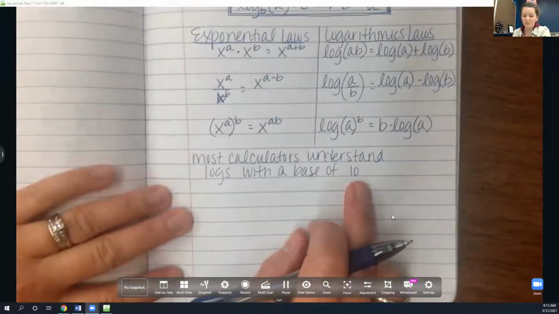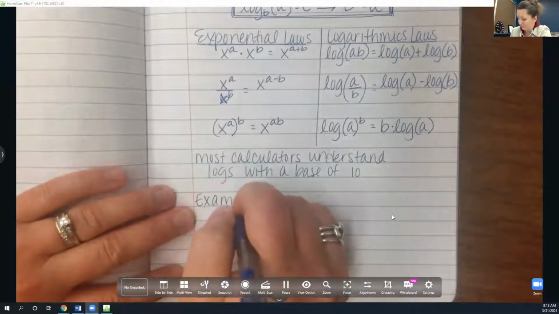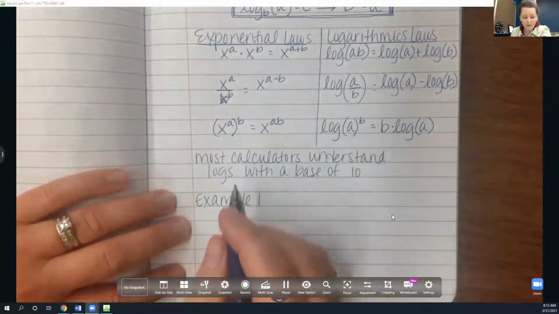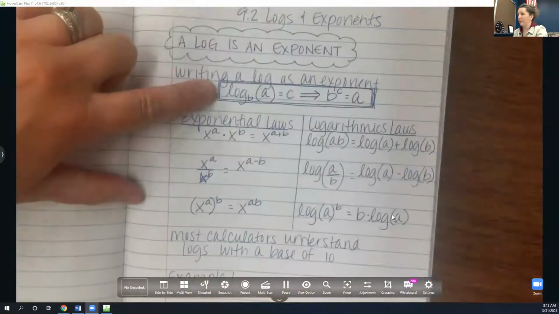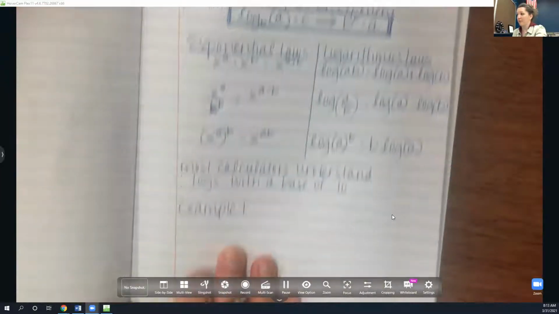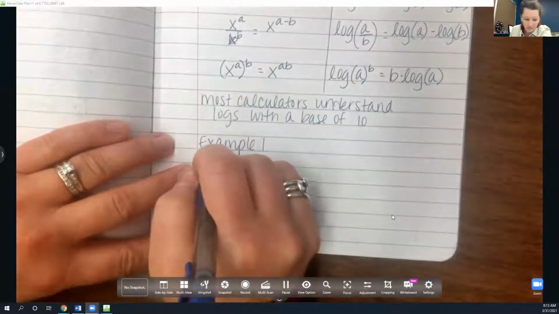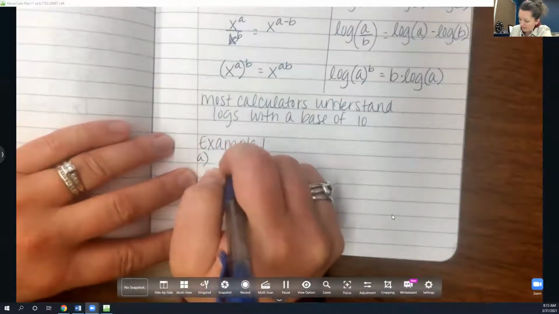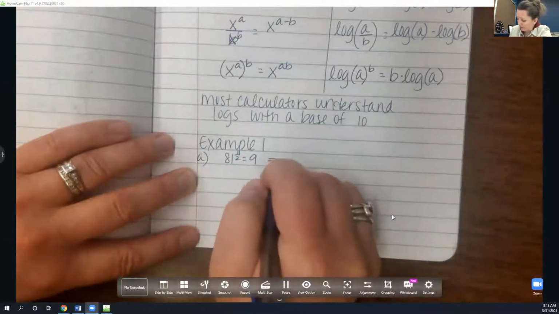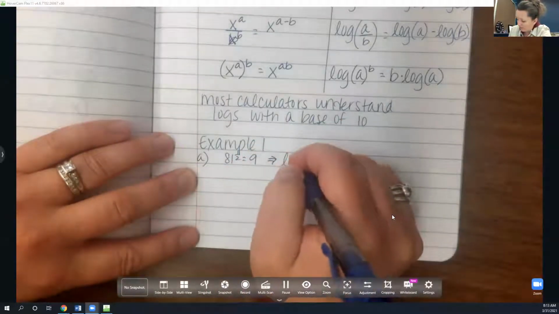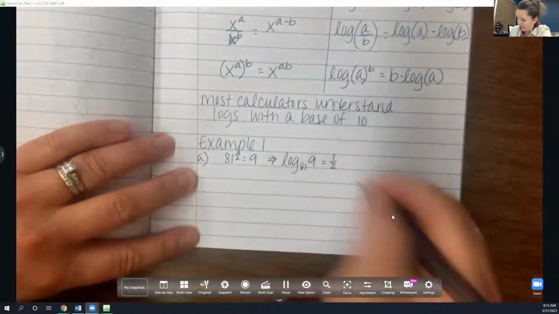Let's do some examples of rewriting logs. Here's example 1. So if I have 81 to the 1/2 power, we're going to follow our little box up here of rewriting logs as exponents. If I have 81, this is A, 81 to the 1/2 power equals 9, I'm going to rewrite it as log base 81 of 9 equals 1/2.